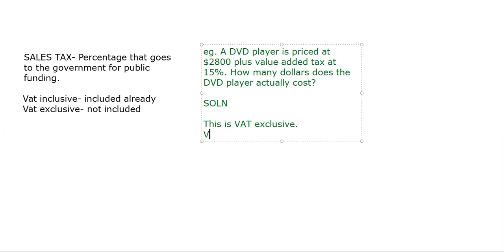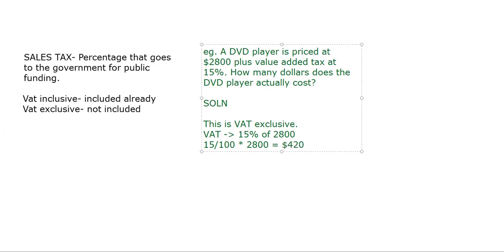So now the VAT will be what? 15% of 2,800, which is 15 over 100 multiplied by 2,800, which is equal to 420.